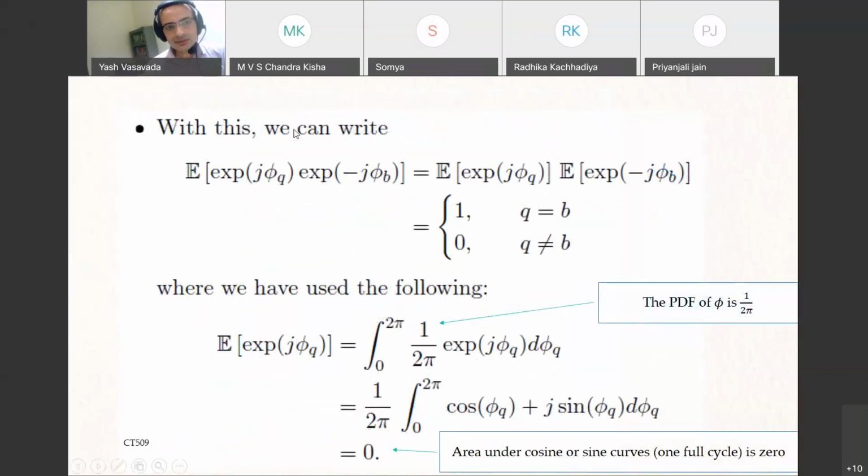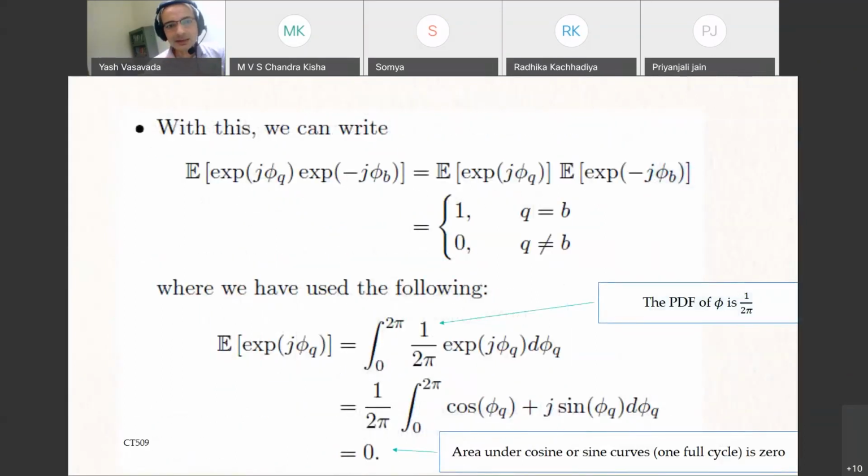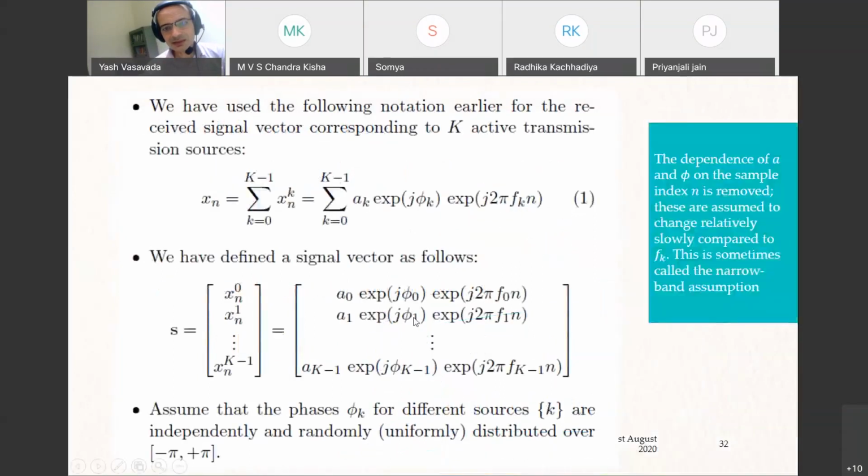Because we have assumed that these phases are IID random, uniformly distributed over 0 to 360 degrees, I can say that the expected value of the phase for one user that I have indexed by q and another user that I have indexed by b. Remember, the phases are indexed by the index of the user, the index of the transmitter.